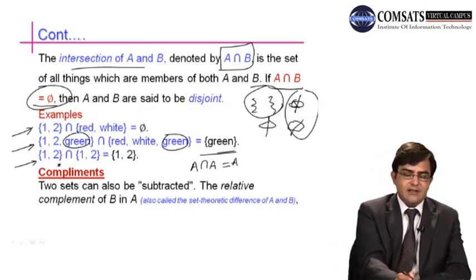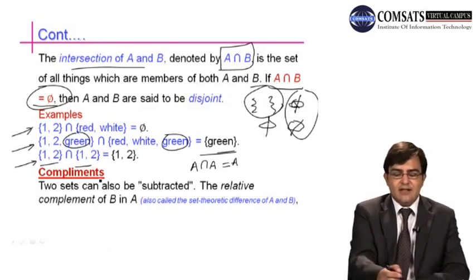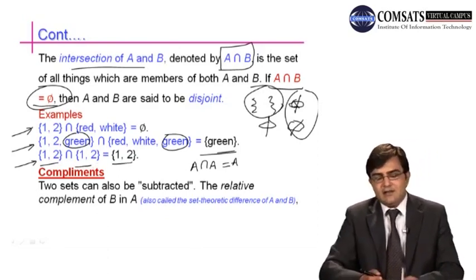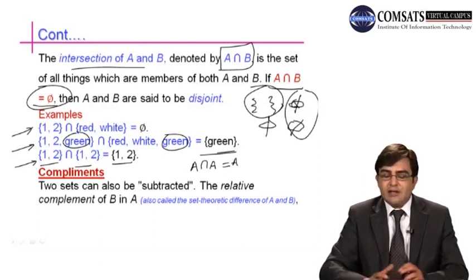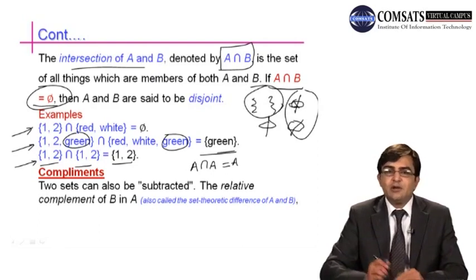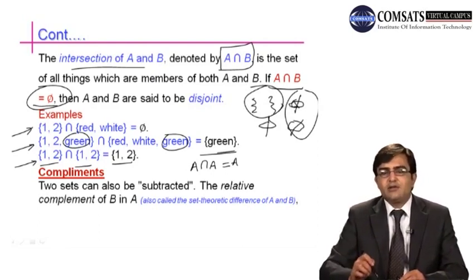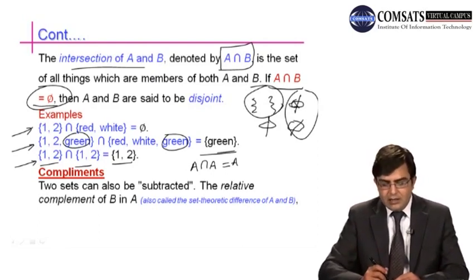If we have the same set, the intersection of A with the same set remains the same set. So in intersection we take up common elements, those elements which belong to A and which belong to B. So this is what we do in union and intersection.